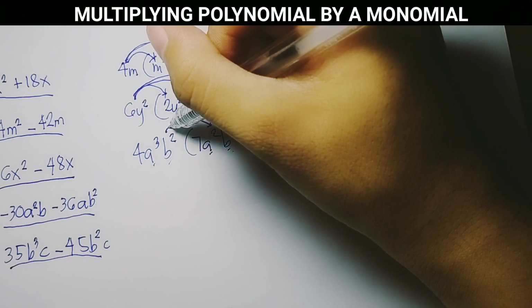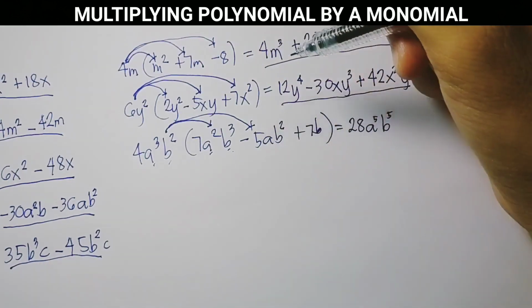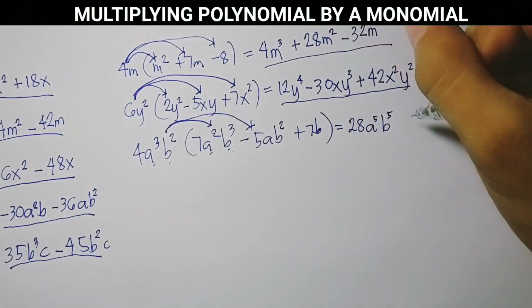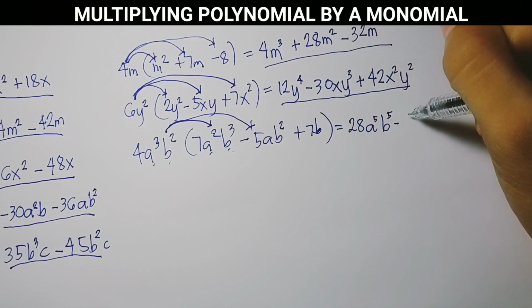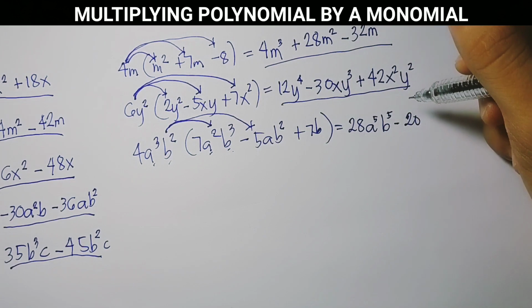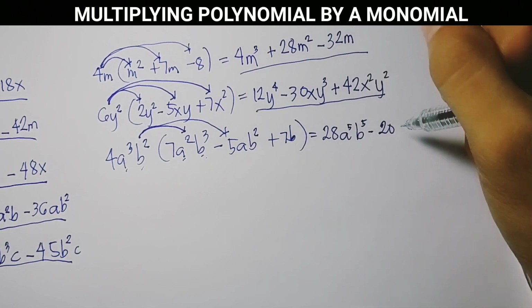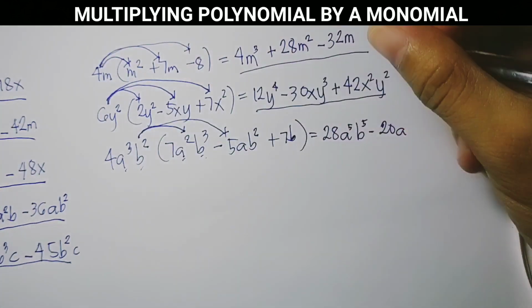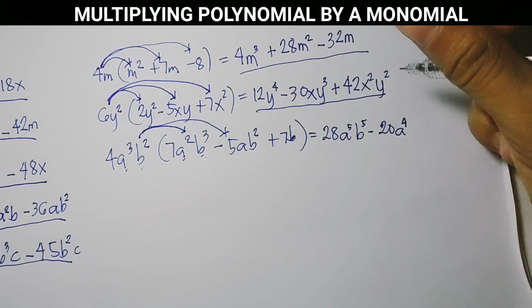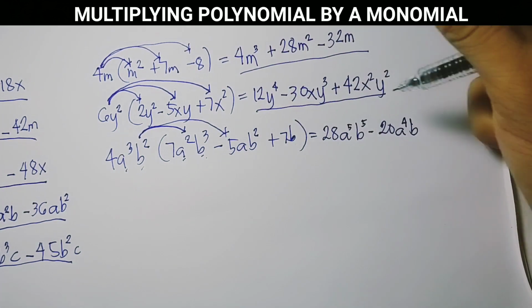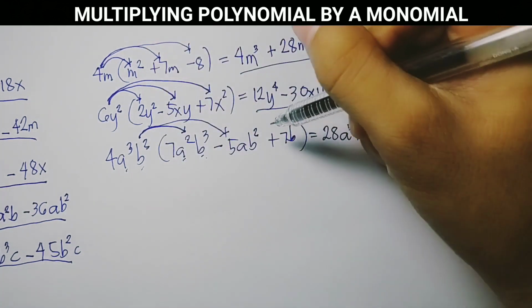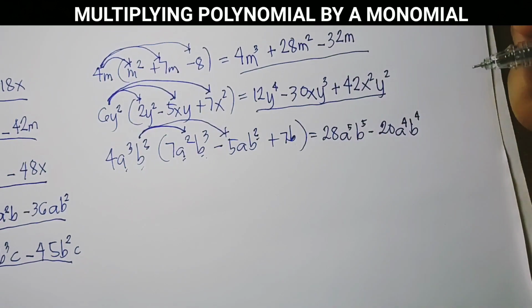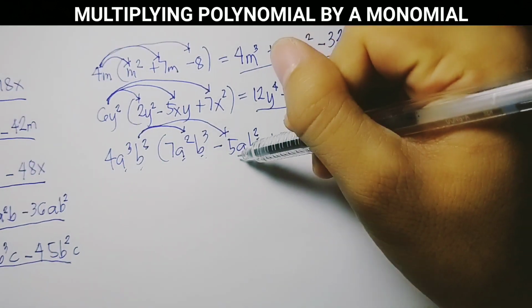Diri na din ta sa second term. So 4 times negative 5, that is negative 20. Unya, sa variable nga a, kay pareha man ay a sa pikas, so 3 plus 1, that is 4. Unya, sa b na dayon ta, 2 plus 2, that is 4. Humana dayon ta sa second term.